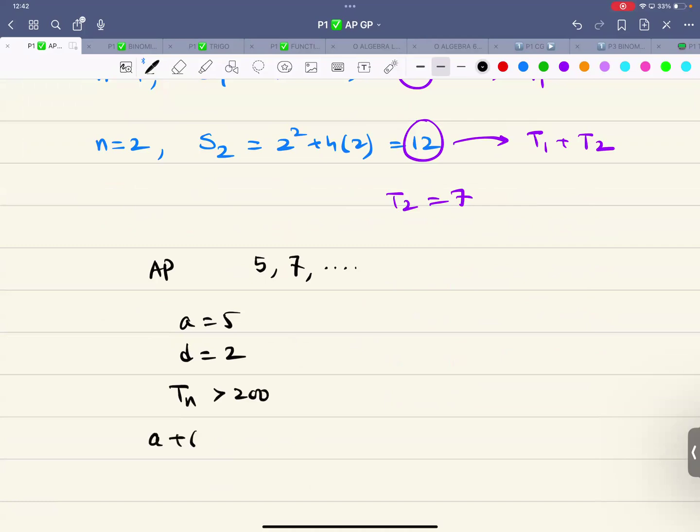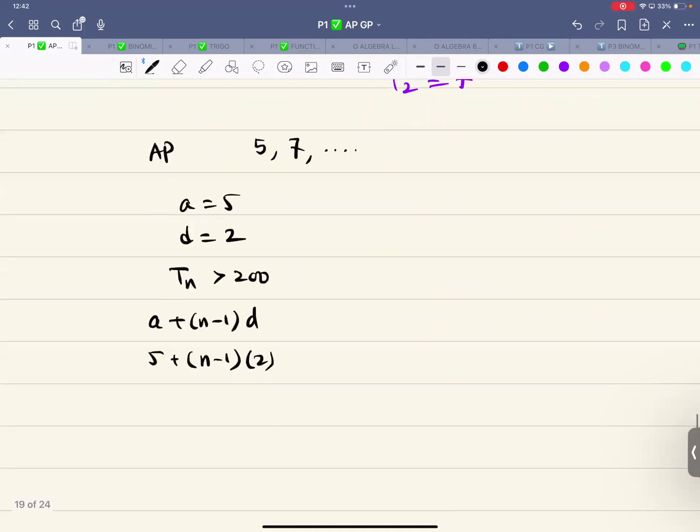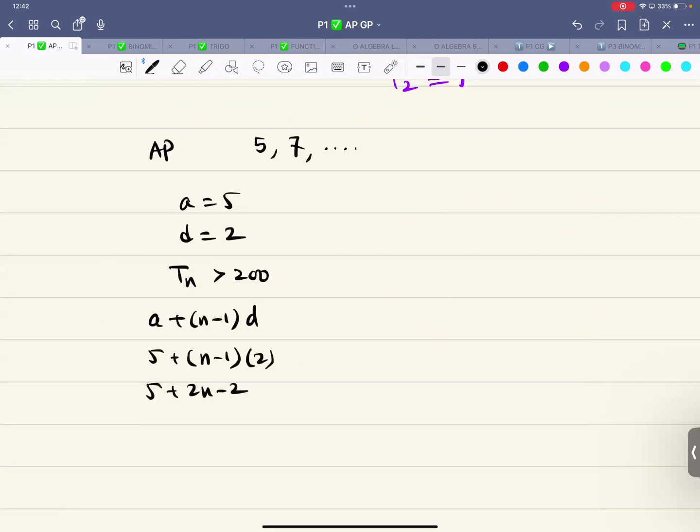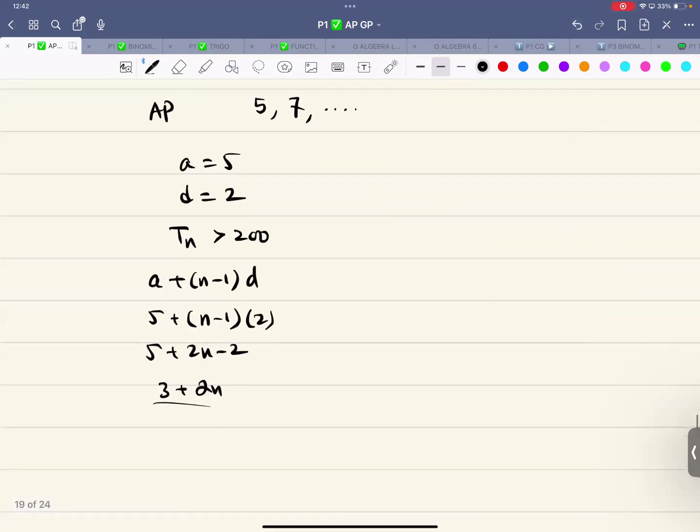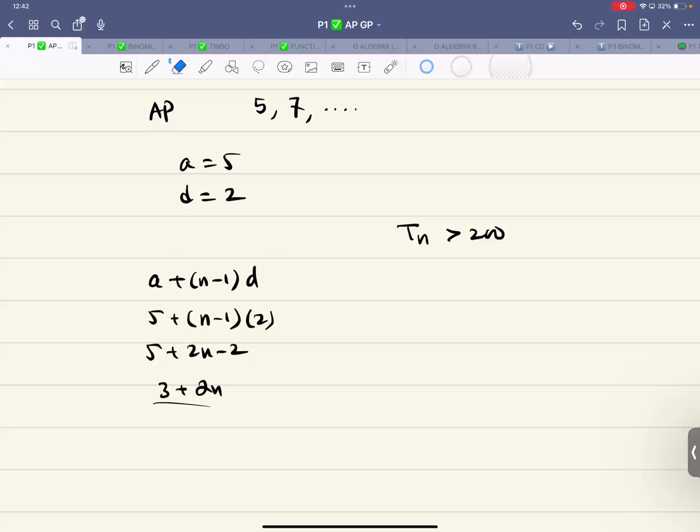A plus n minus 1 into d, that is 5 plus n minus 1 into 2. So that is 5 plus 2n minus 2, that is 3 plus 2n. So this is 3 plus 2n. So Tn is greater than 200.